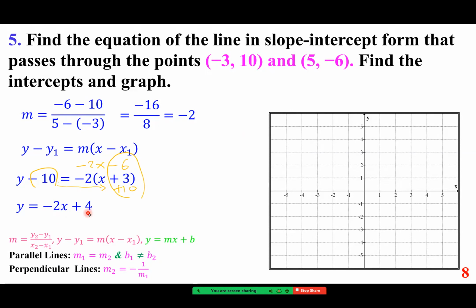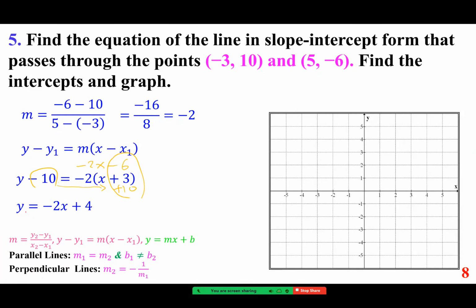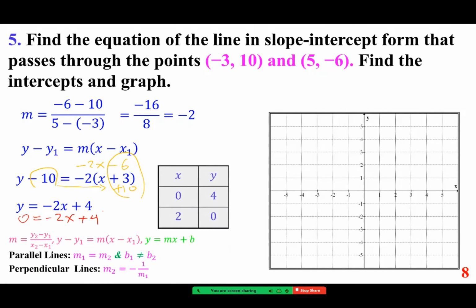Obviously, one of them is 0, 4. The second one is that, so when x is 0, find y, 0, 4, it's in the form of y equals mx plus b. And the next one is if you set y equal to 0 and solve for x, that becomes the x-intercept.